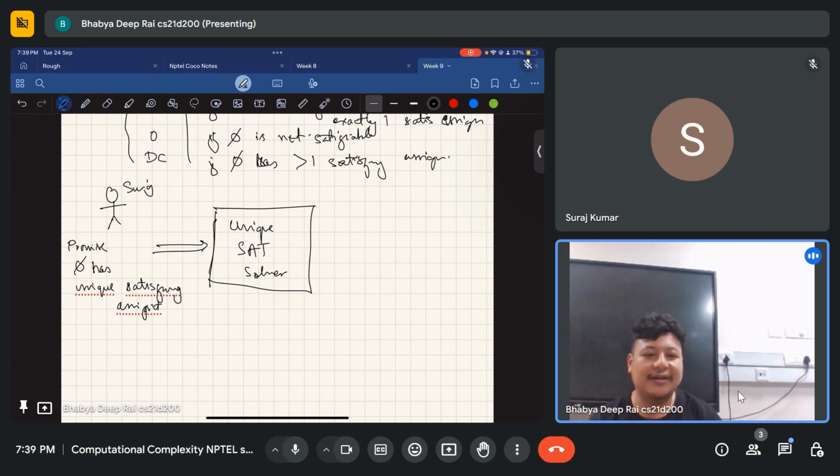I already know that fact. So it is as if I'm already restricting the domain to formulas of a certain kind, only those formulas for which there is a unique satisfying assignment.